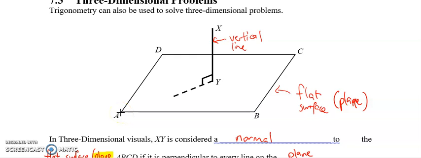For example, if I have this line A to Y, and then another line from the top here, X to A, you realize we have a right angle triangle XYA. Then we can make use of our trigonometry ratios, or in some cases maybe the sine rule or cosine rule. But most often, since we have a right angle triangle, we can use trigo ratios, our Tokaso, to solve problems.